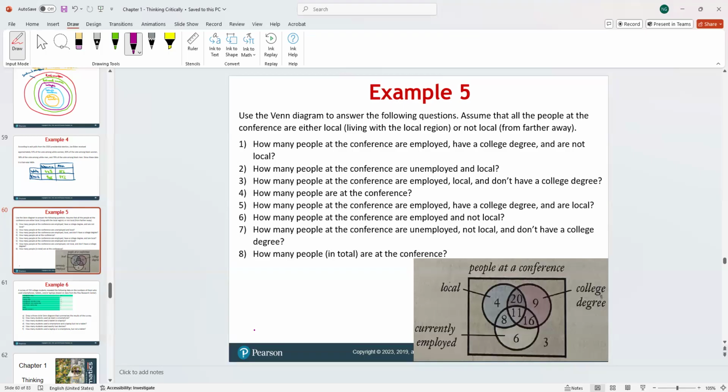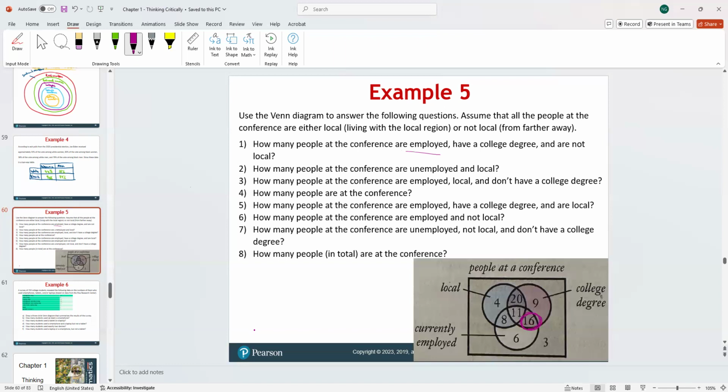Remember, if you make your list up here, for the non-local, they said employed. So if you look at employed, you would see how many people are employed and have a college degree. The intersection between employed and college degree is right there.